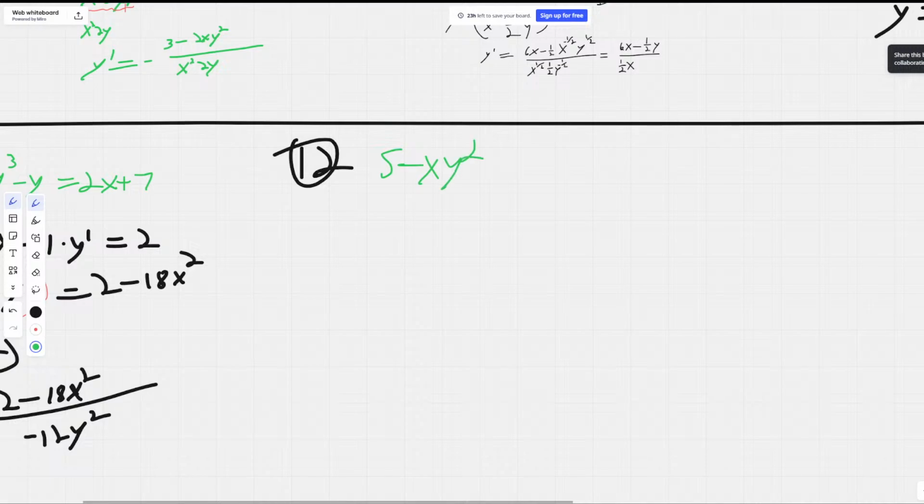Y squared plus x squared y minus y squared plus y equals, very fun and rather long, equals 3. All right.